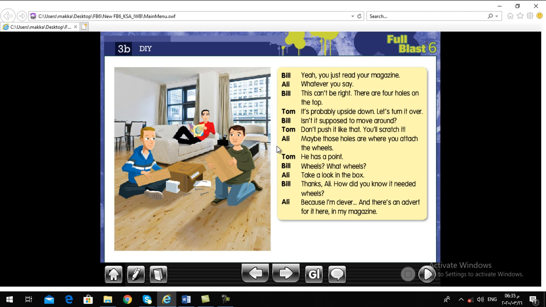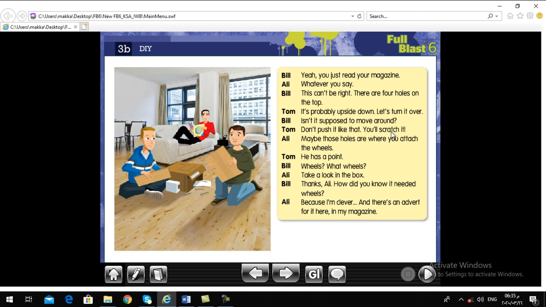What's the important thing that Bill thought of concerning the bedside table? That it should move around. How did he test it to see if it moves or not? He pushed it. Why do you think Tom told him not to push it like that? Because he might scratch it.